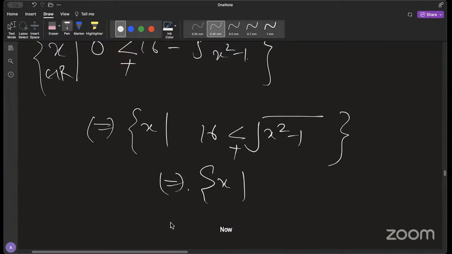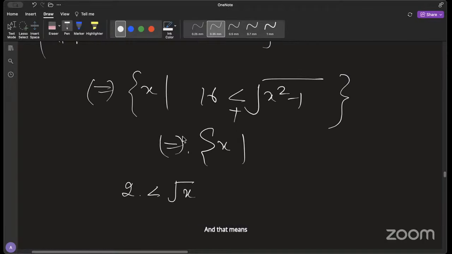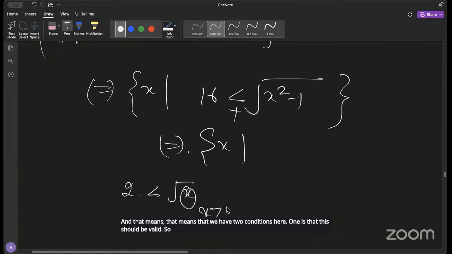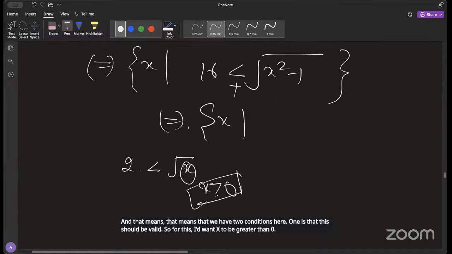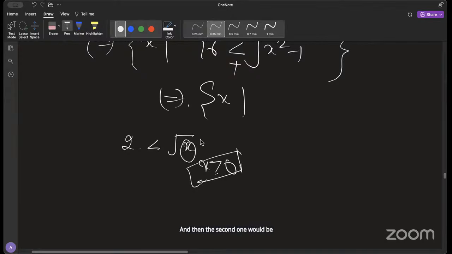Now if I'm saying square root of some number should be greater than, let's say, 2, then we have two conditions here. One is that this should be valid, so I'd want x to be greater than 0. And then the second one would be squaring on both sides.